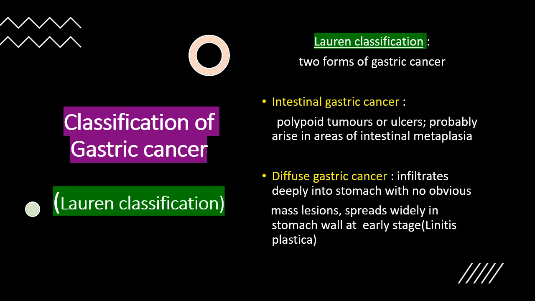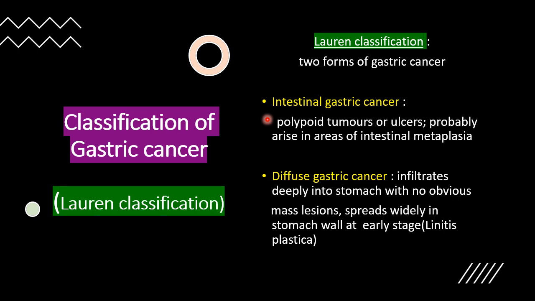Now we come to the classification of gastric cancer. The Lauren classification. According to this classification, there are two forms of gastric cancer. One is known as the intestinal gastric cancer, where there are polypoid tumors or ulcerative lesions in the mucosa of the stomach.